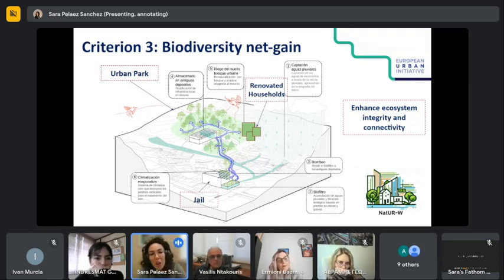Because if you think of a pollinator, a wasp, or a bee, this pollinator could make a trip from the urban forest to the renovated houses, the green walls there, to the green walls inside the jail. So everything is connected, not only through water, also through biodiversity.